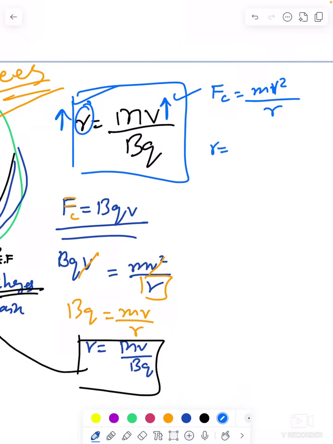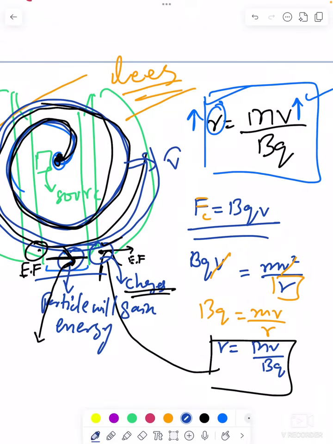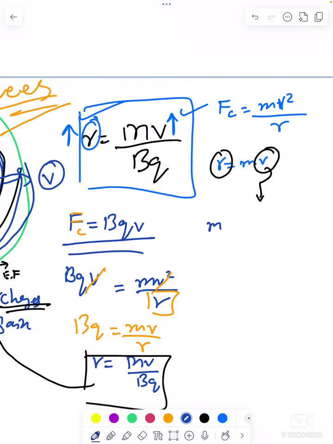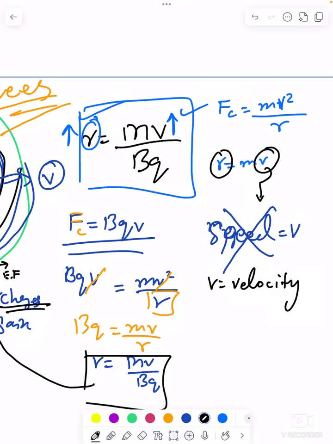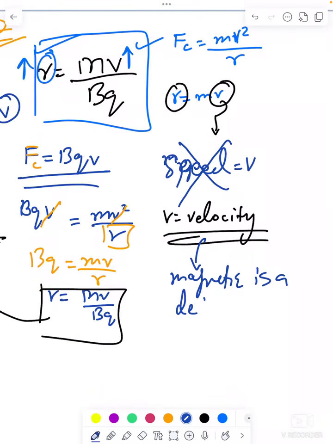Now, the one important thing is that when we talk about r and v, this v over here is not the magnitude. The v in the magnetic field is not speed, it is velocity, because the magnetic field is a deflecting field.